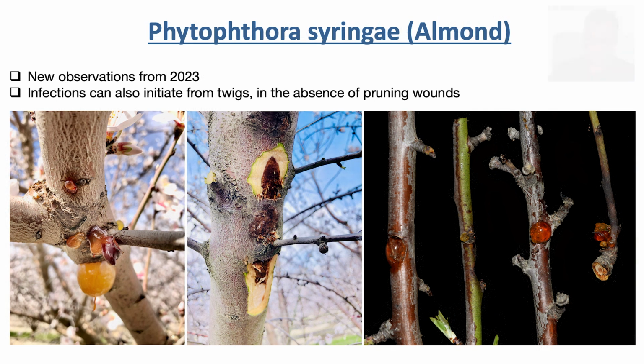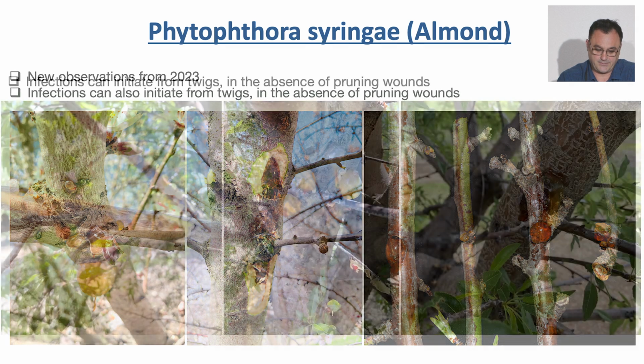What was very novel this past year, and why a lot of us were scratching our heads, is we saw this Phytophthora infection initiating at twigs. That was really never reported, but we could associate the gumming on these young twigs with Phytophthora, and basically the pathogen somehow makes its way through these relatively green twigs and moves from there into the larger scaffold, causing substantial gumming, infection, and cankers in larger branches.